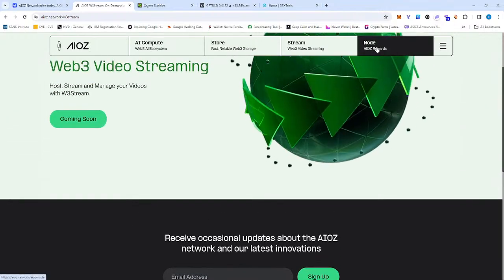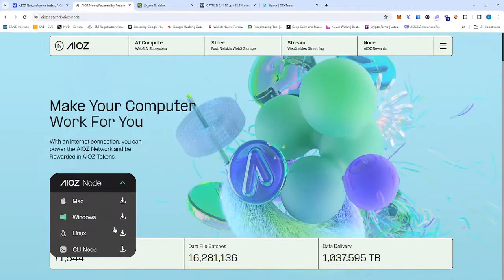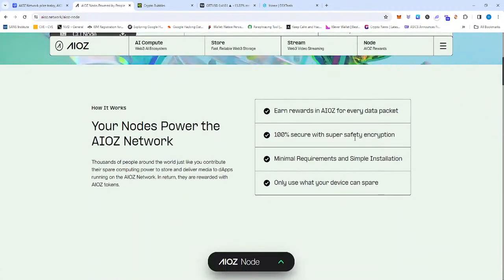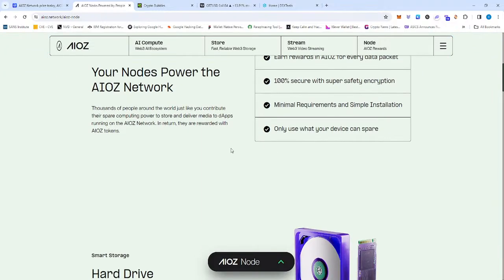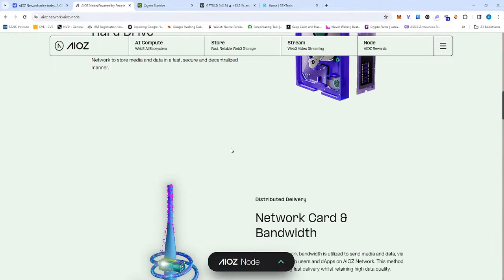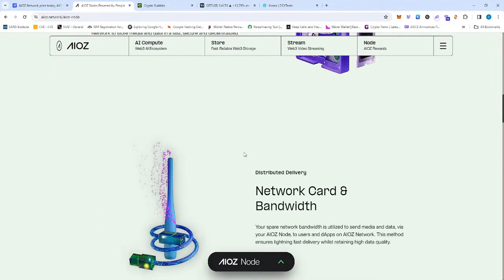So you can download a node for your computer, and it's free, okay? And you earn your rewards. They'll pay you in AIOZ, and then you can sell that AIOZ on the open exchange. Just let it run 24/7, runs off your CPU and your GPU. I have built mining machines specifically for this.